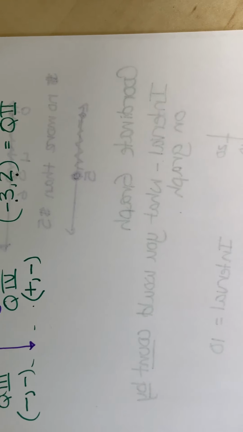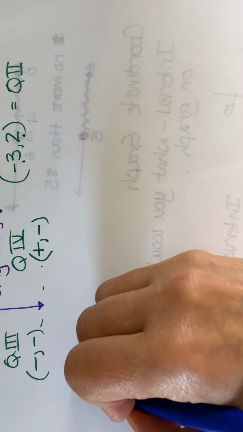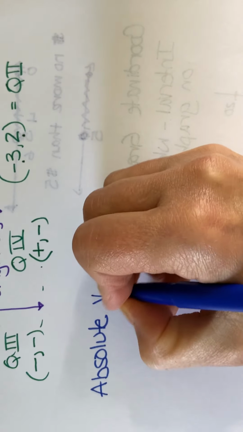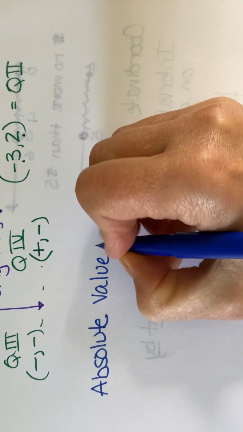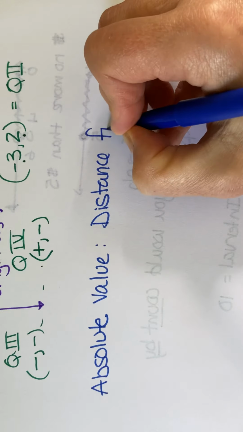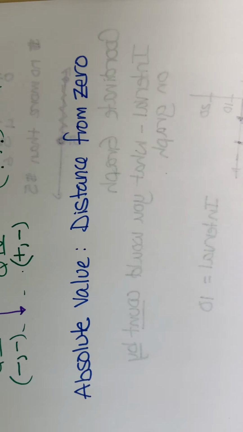The only other thing that I know is on this quiz is ordering integers with absolute value. Okay, so remember, the key word to remember with absolute value is distance. Distance from 0. It's asking you how far it is from 0.